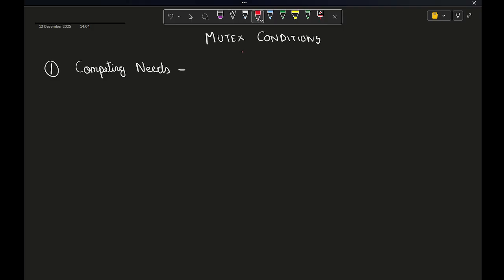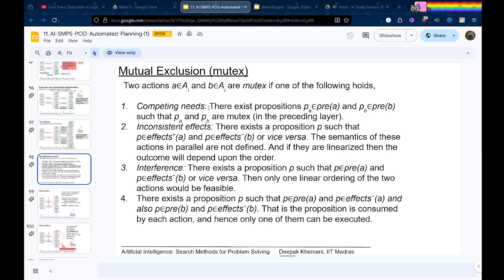Competing needs is for two propositions, not two actions, correct? Because if there exist propositions PA, which is a precondition of A, and PB, which is a precondition of B, such that PA and PB are mutex in the preceding layer, then A and B are mutex as well. Okay, so this is for actions.